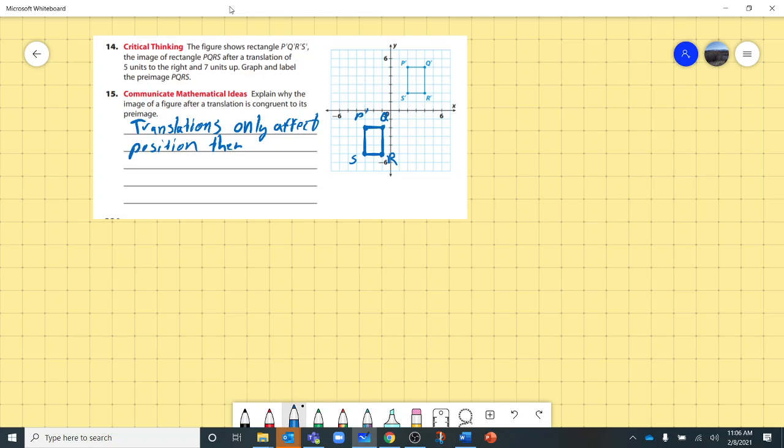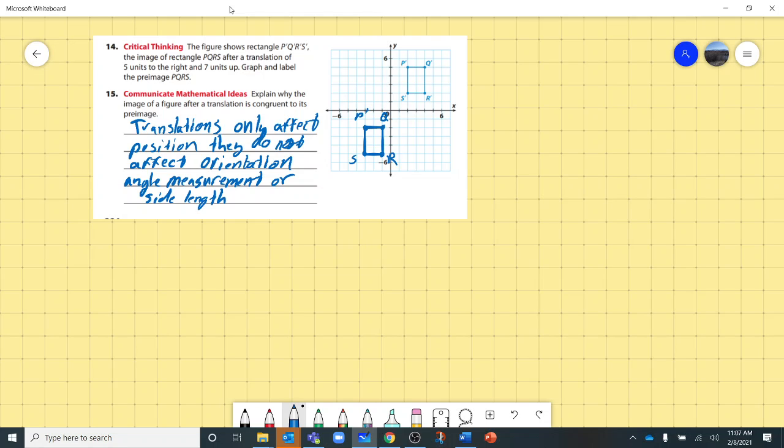They do not affect orientation, which is what direction it's facing, although orientation does not change whether or not it is congruent. Angle measurement, which also wouldn't change with this one if we did other things because it's still a rectangle, or side length.